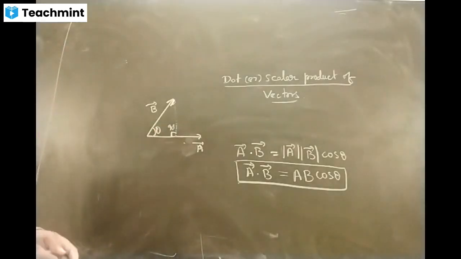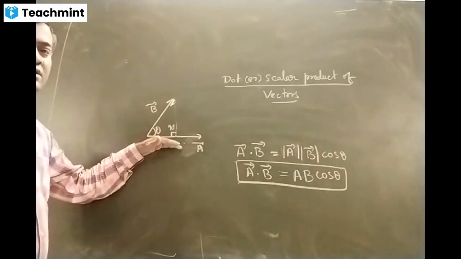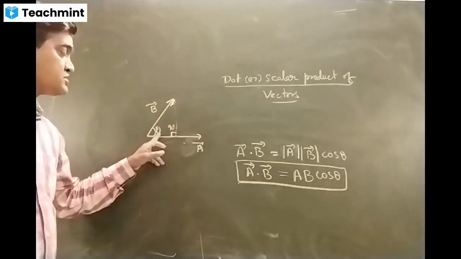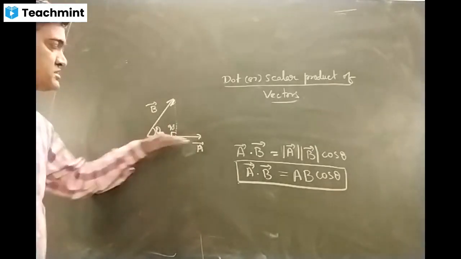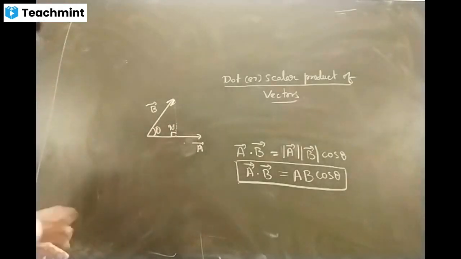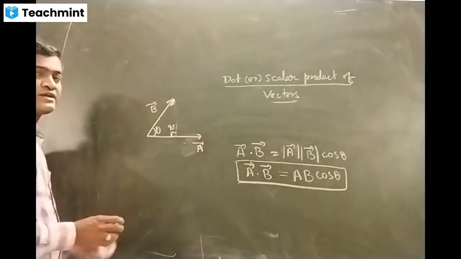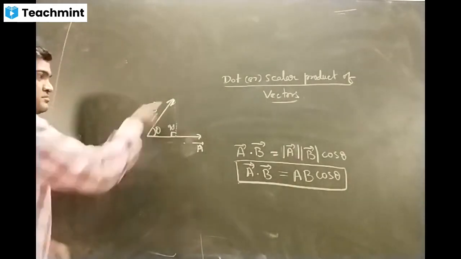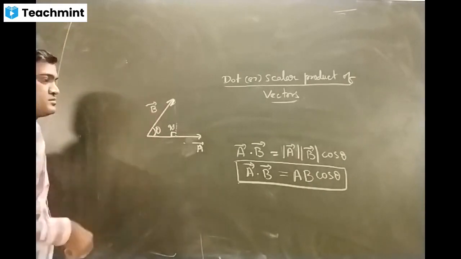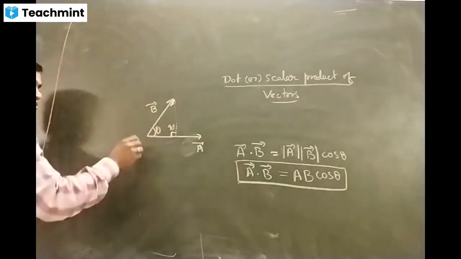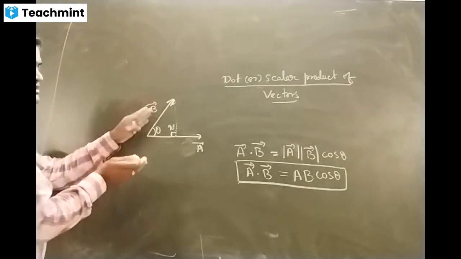Now the component touching the angle theta, what should this side be? It is cos theta. Which cos theta, A cos theta or B cos theta? This is B bar, so B cos theta. B bar is getting resolved into components.